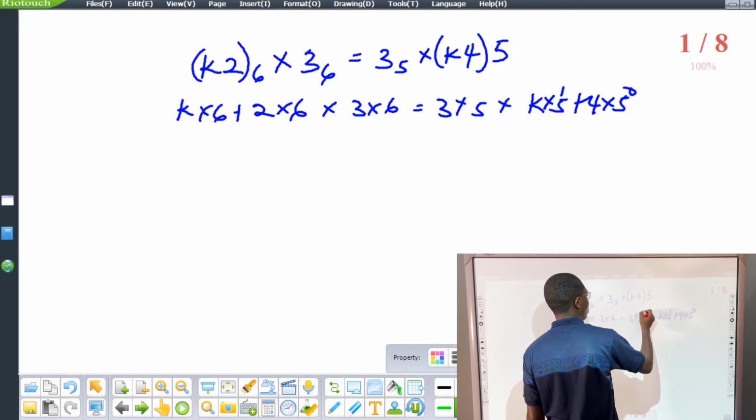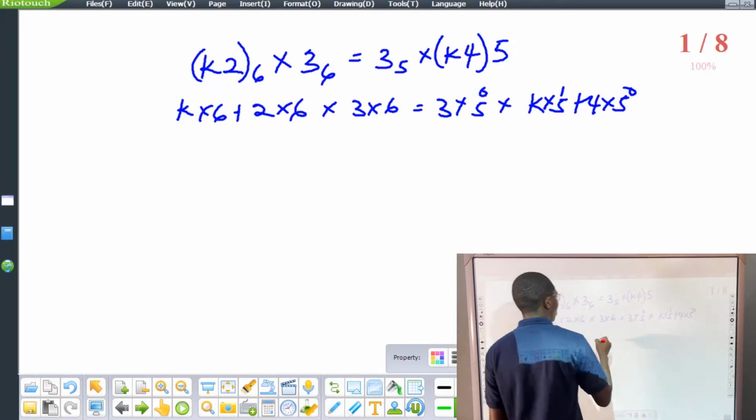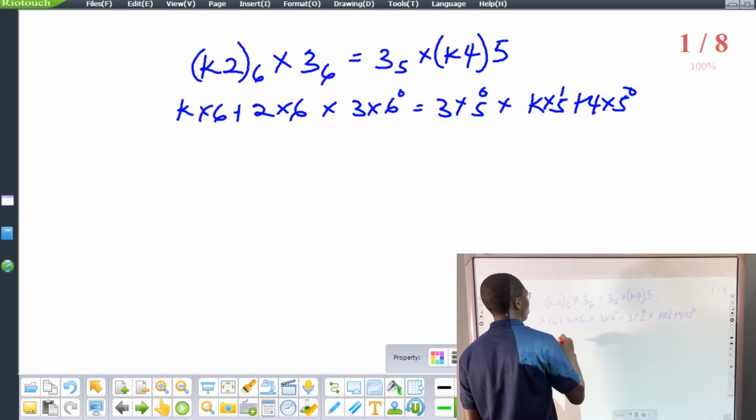This standing alone, degree 0. This is also of degree 0 standing alone. This is of 0 and this is of 1.